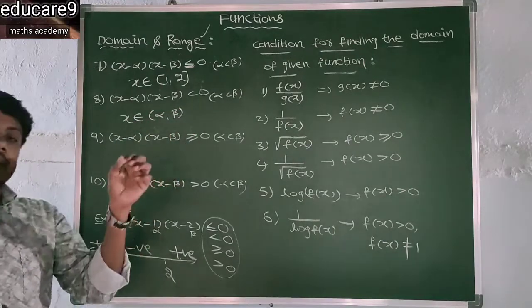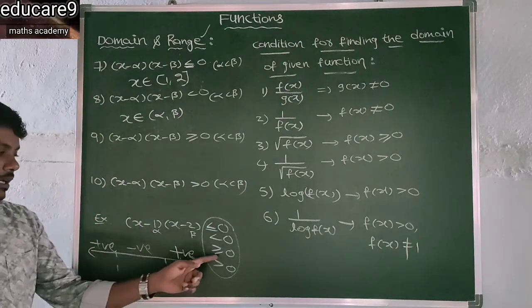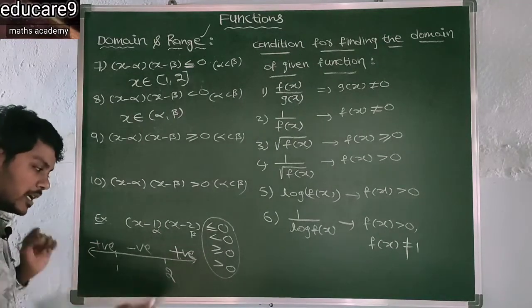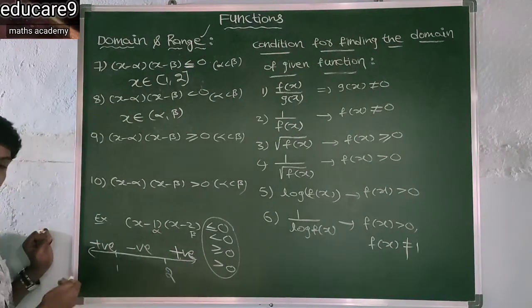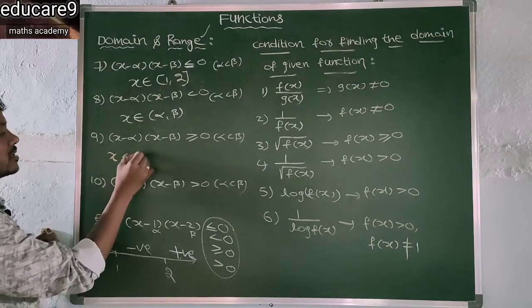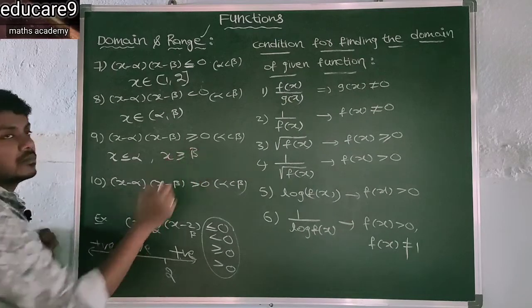Now it is greater than or equal to 0. See here, greater than or equal to 0 means positive sign. Where it is positive, above 2 is positive, below 1 is positive. So x is less than or equal to alpha, x is greater than or equal to beta.